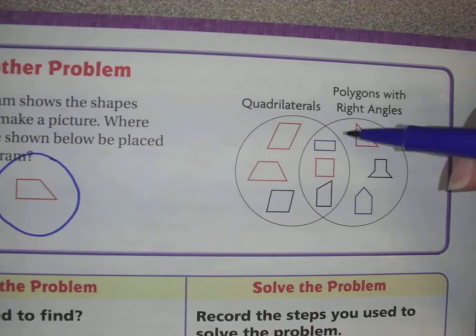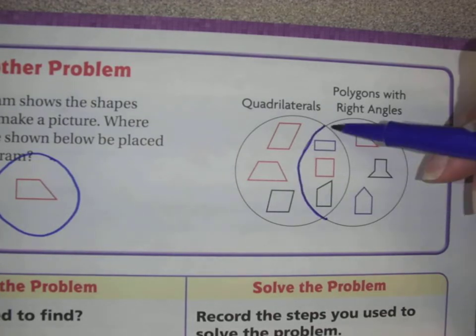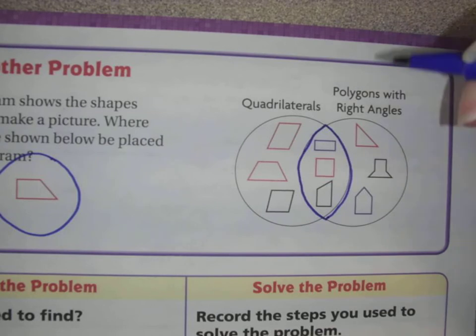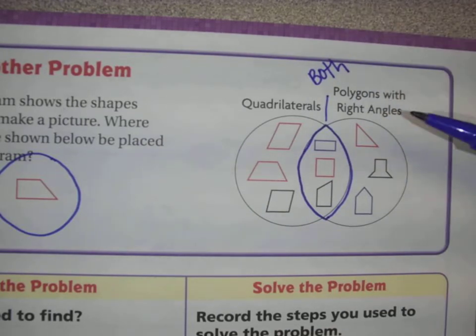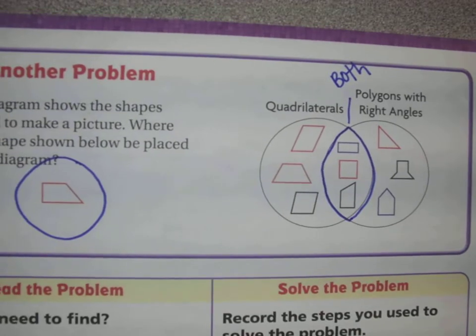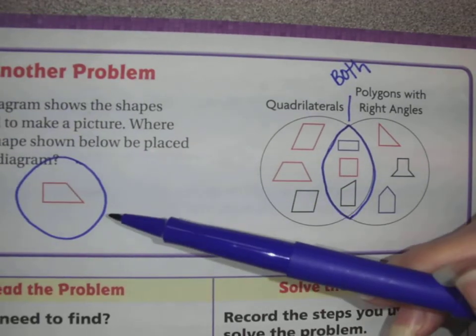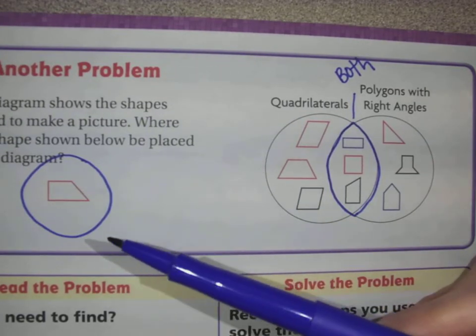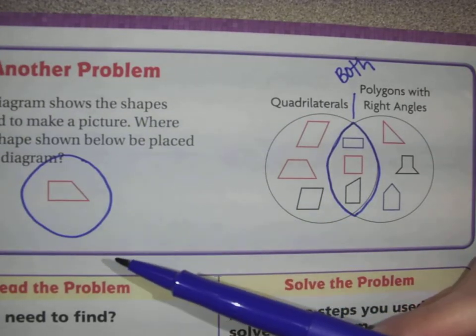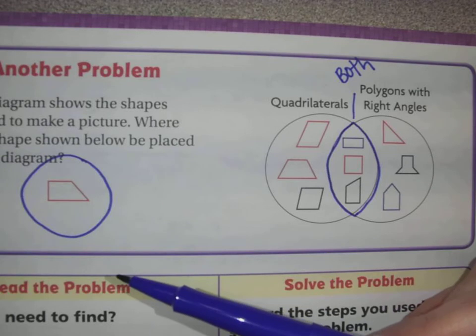And again, boys and girls, this middle section represents both. These figures are quadrilaterals and polygons with right angles, okay? Again, we are trying to figure out where this figure is going to go. Well, how will I use this information? I have to think about what I know about two-dimensional shapes to find where the shape should be placed.